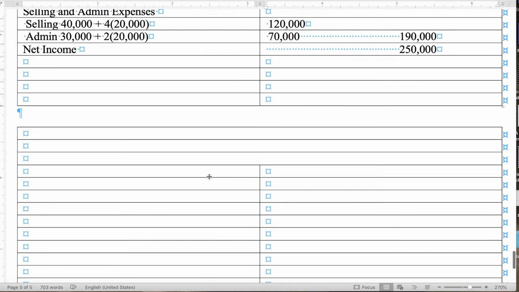Contribution formatted income statement, and here's the way I remember it. The contribution formatted income statement is bad, right? It's racist, it's sexist, right? It's bad. Why? Because it segregates, right? It separates. What does it separate? Variable from fixed, okay?